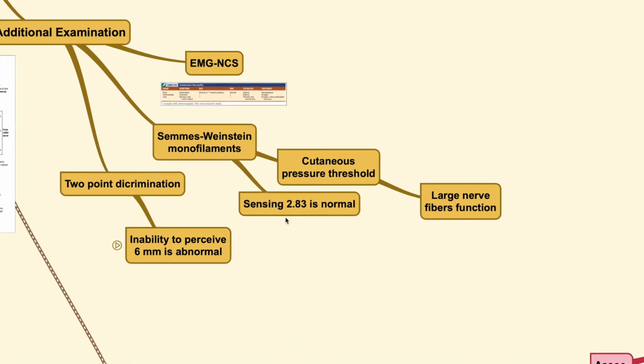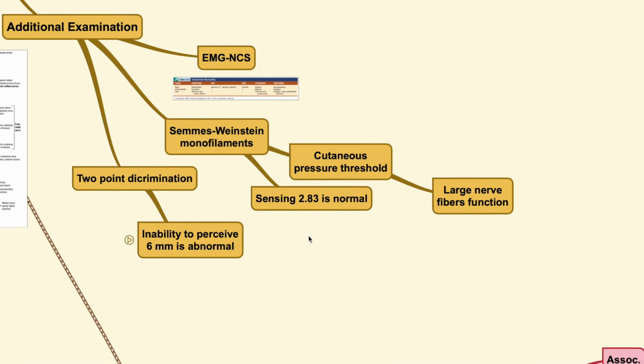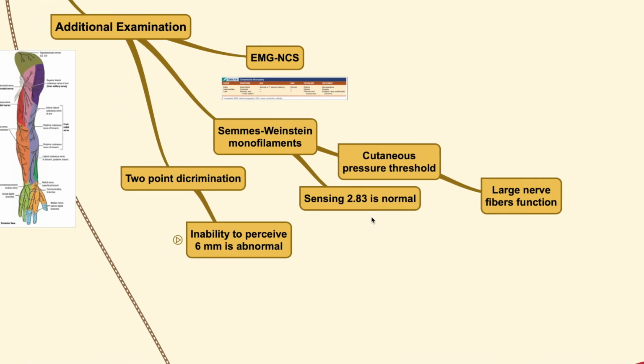The ability to sense the filament with a size of 2.83 is considered normal. And when you cannot sense the fiber with a size of less than 2.83, then it is not normal.